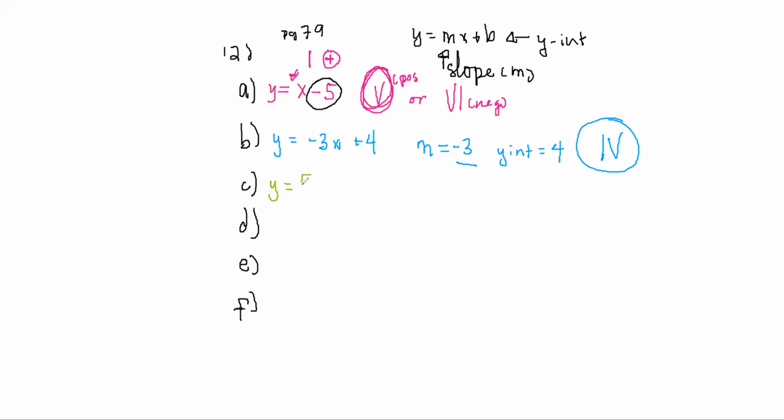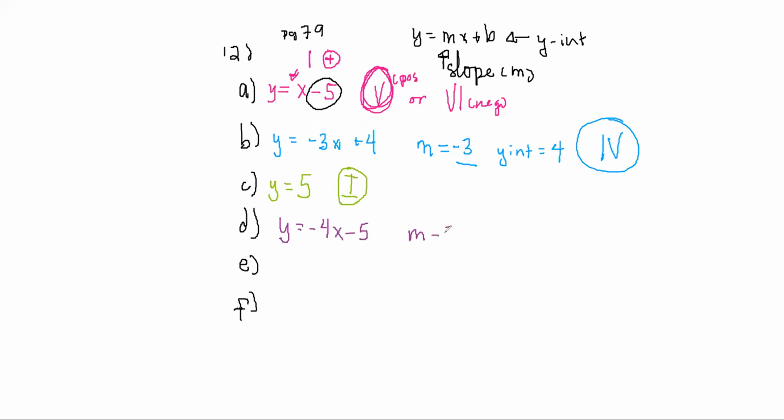For C, we just have y is equal to 5. So y is equal to 5 at all times, regardless of what x is equal to. So the answer is going to be 1. For D, y is equal to -4x minus 5.